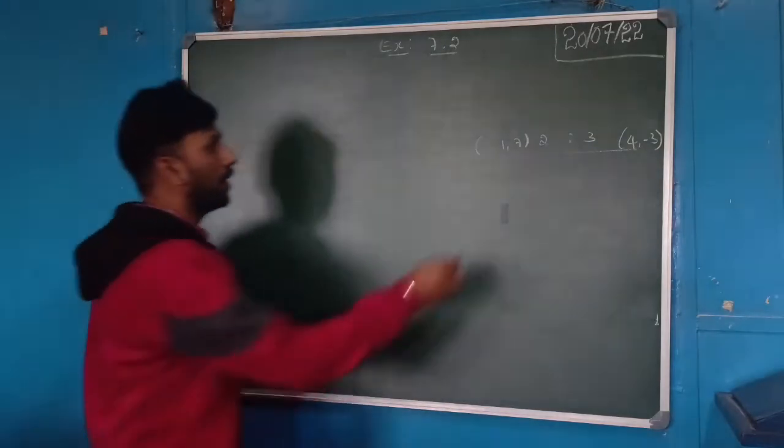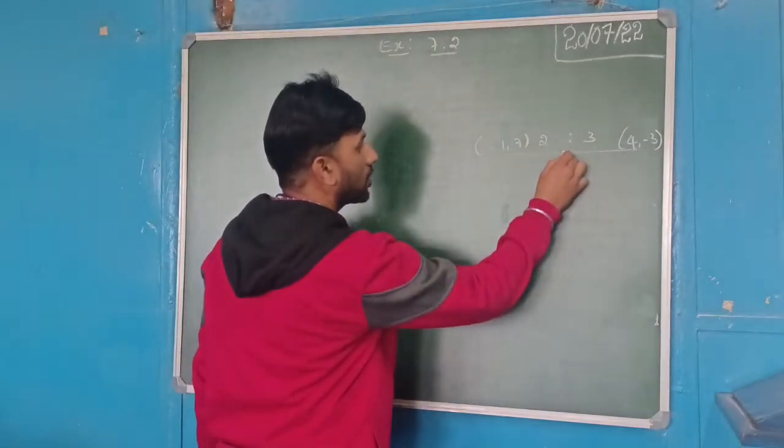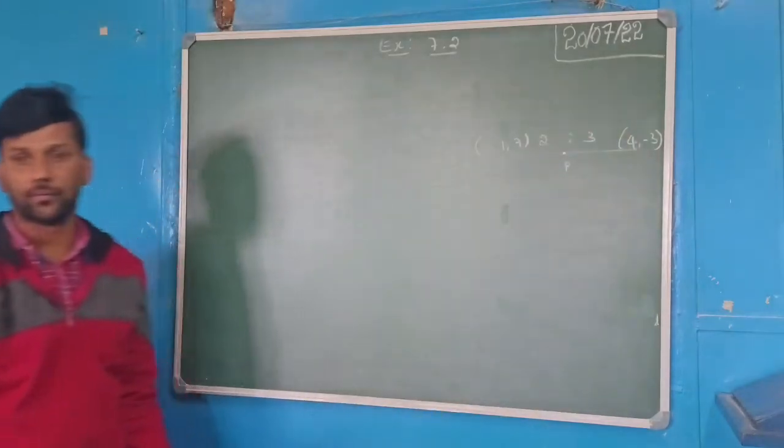Okay, let me take this point as P, divided in 2:3.